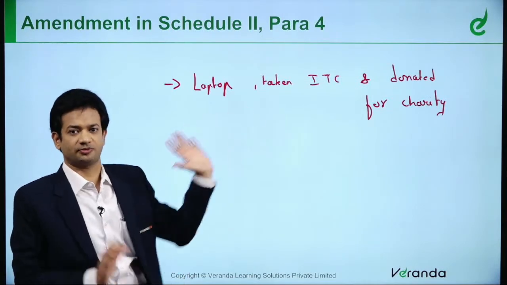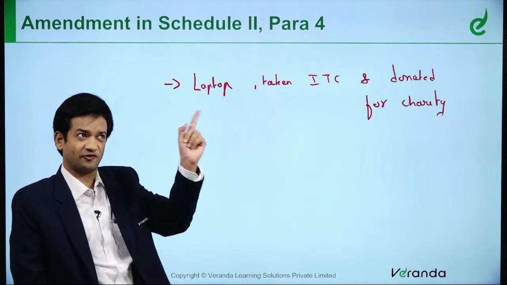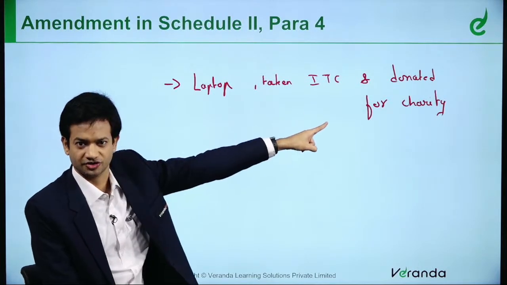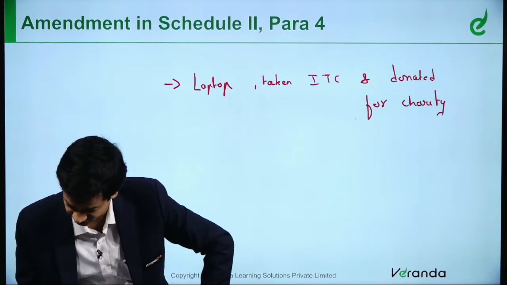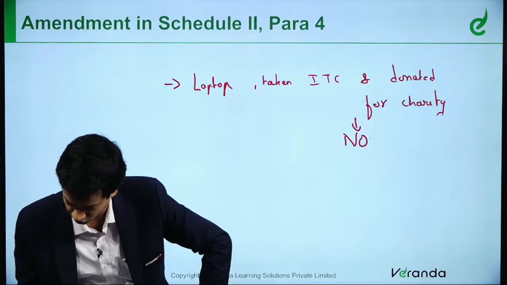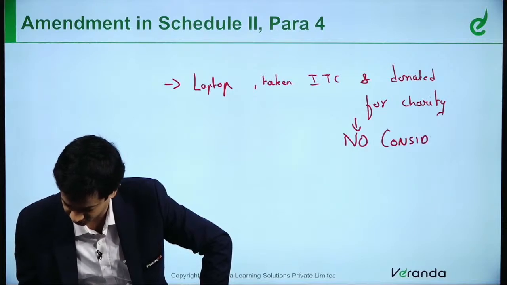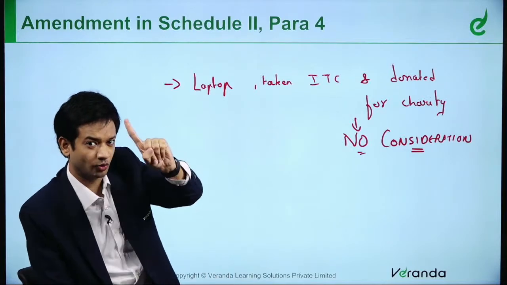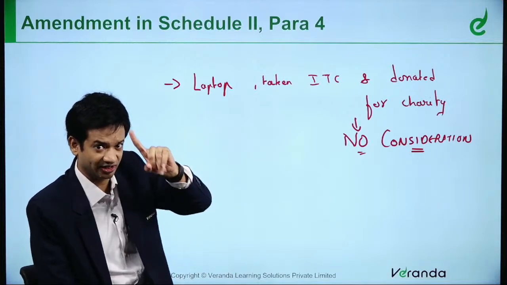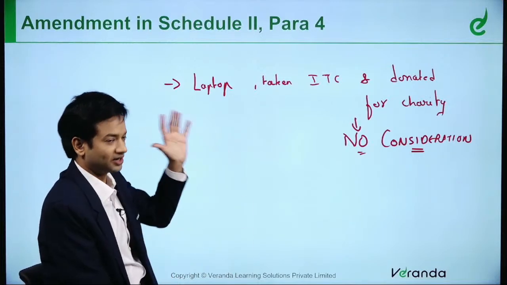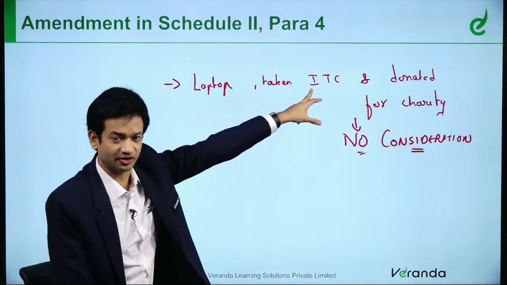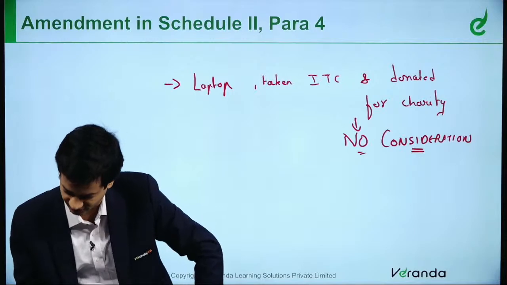Now, is it supply? Supply means 7(1), A, B or C. Here, there is no consideration. So, something without consideration can be only Schedule 1. Permanent transfer, the first entry of Schedule 1, permanent transfer or disposal of an asset on which ITC is taken. So, ITC taken, without consideration, Schedule 1.